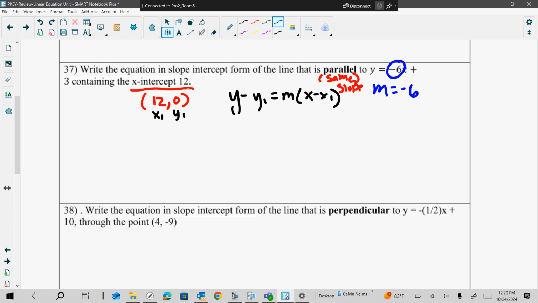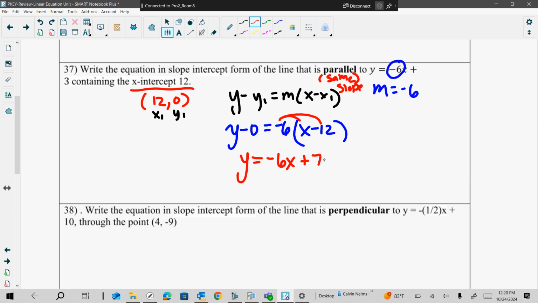Containing the x-intercept 12, that's a point, 12 comma 0. That is your x1 and y1. So I'm going to start off with point slope form. y minus 0 equals -6 times x minus 12. Distribute, simplify. So this would be y equals -6x plus 72.